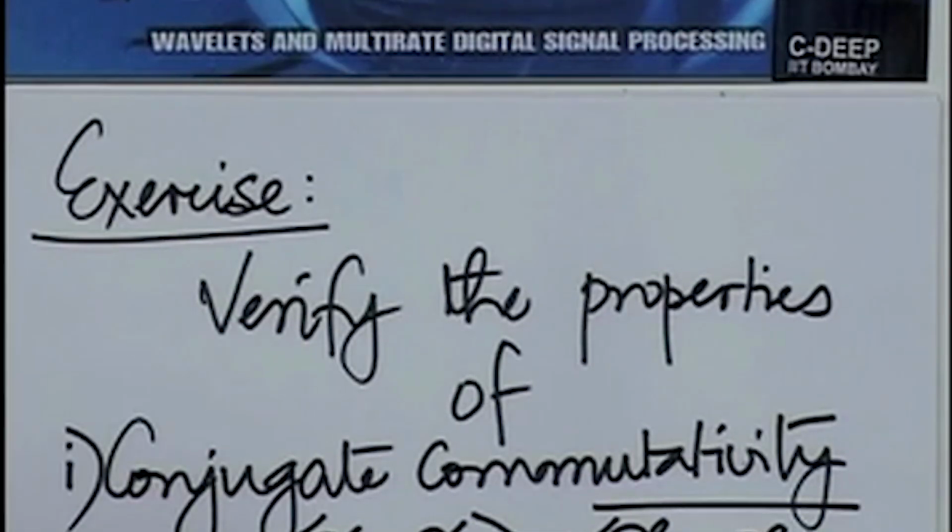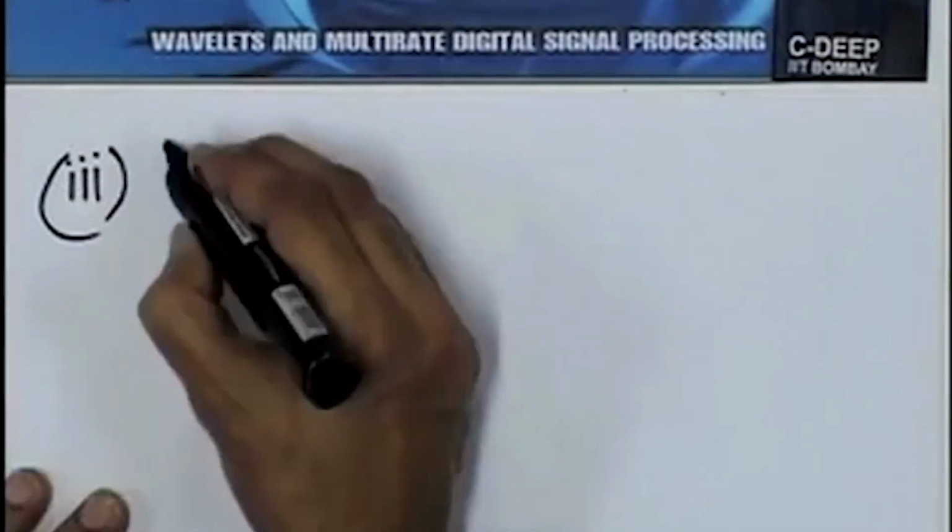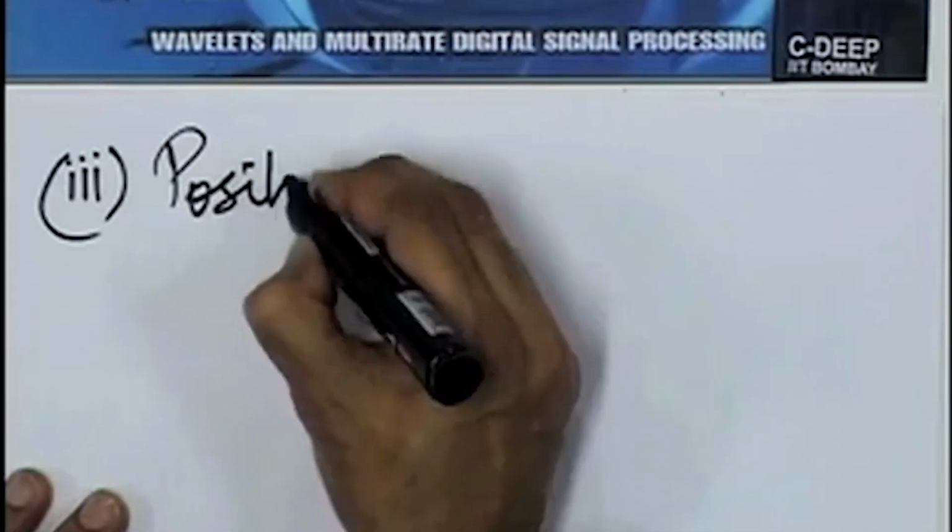Linearity in the first argument. I leave it as an exercise, easy enough to do. But we shall, because it is so important, verify the third property, the positive definiteness.